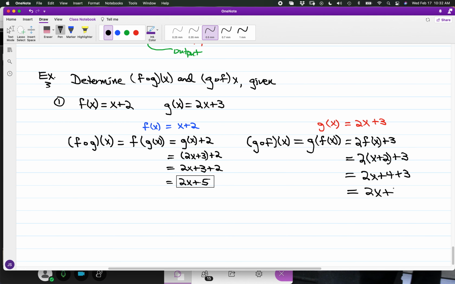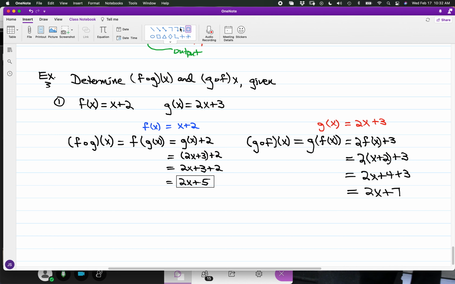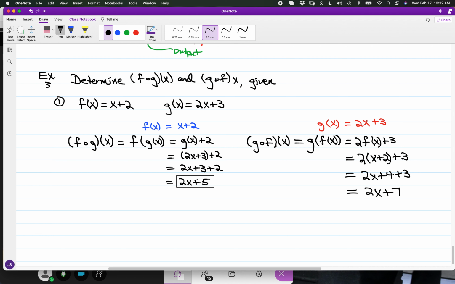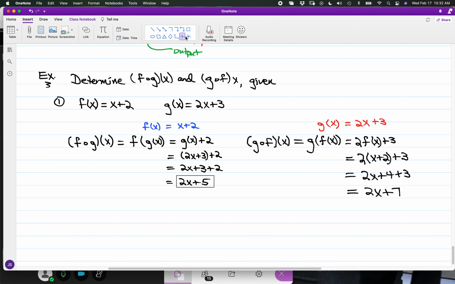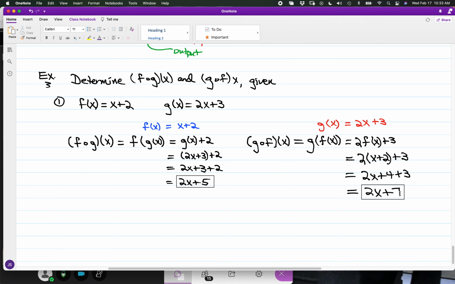Now we have the same functions to work with, and if you notice, we had different compositions. If you reverse the sequence of the functions, even though you're working with the same functions, you might have different outcomes in the compositions just due to how the functions are sequenced.